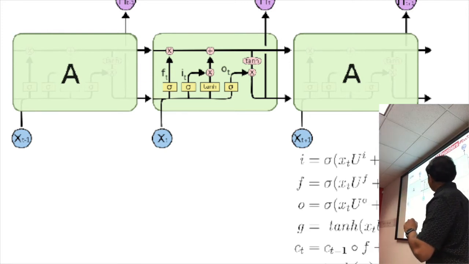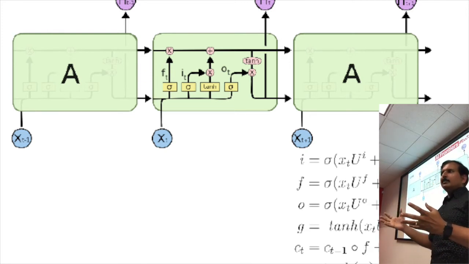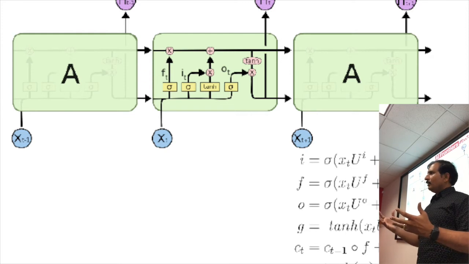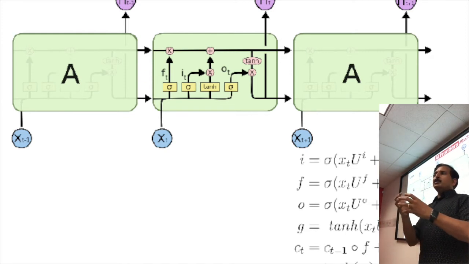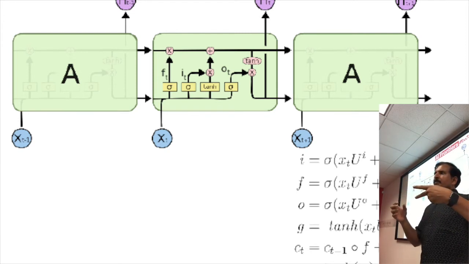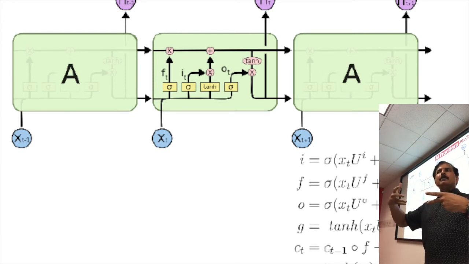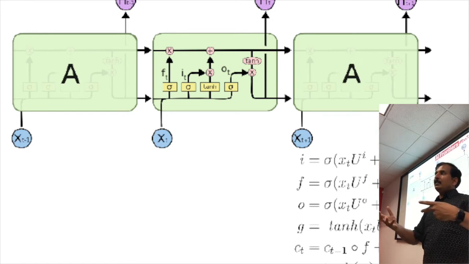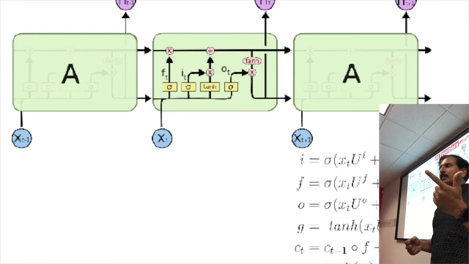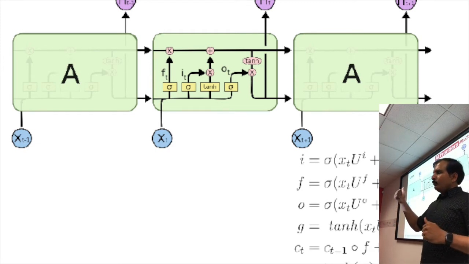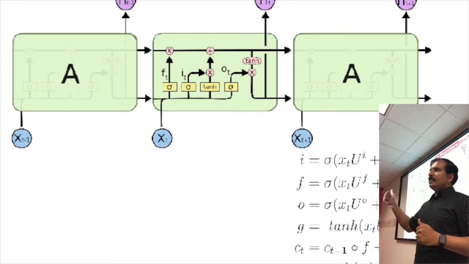So how does it do that? It has something called 3 different gates. Even though you call them gates, what it's doing is that it takes the 2 inputs and does different types of manipulation on the data. It takes the previous cell state and the new input, and gives out the hidden state and the cell memory.